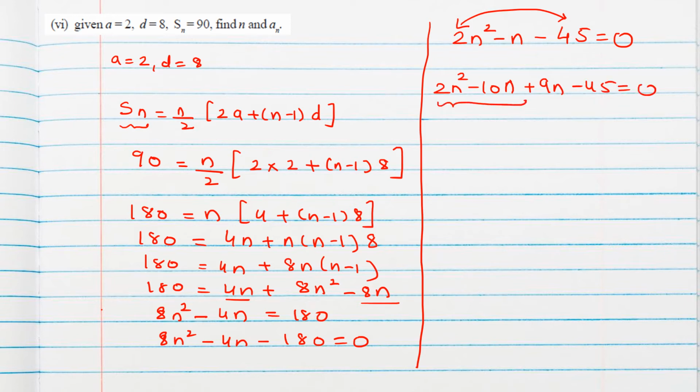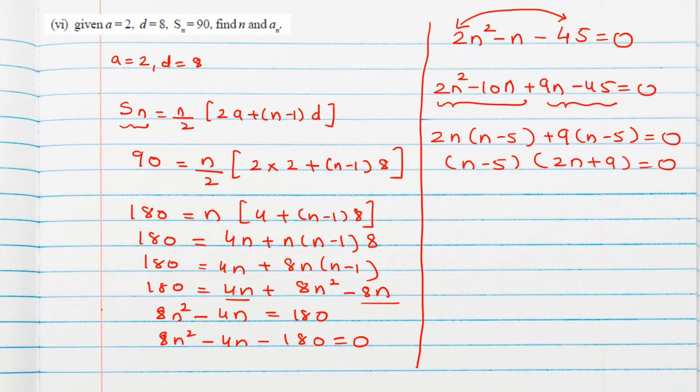From the first two terms we can take 2n common and minus 5 will remain. From this we can take 9 common and minus 5 will remain. So (n minus 5) bracket common, (2n plus 9) equal to 0. So n minus 5 is 0 or 2n plus 9 is 0. So n equal to 5 or n equal to minus 9 by 2.